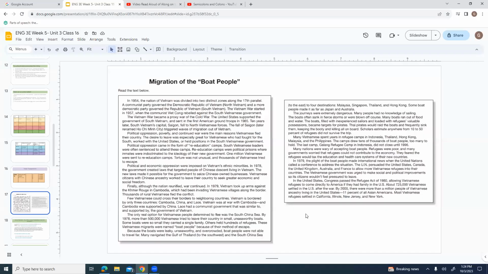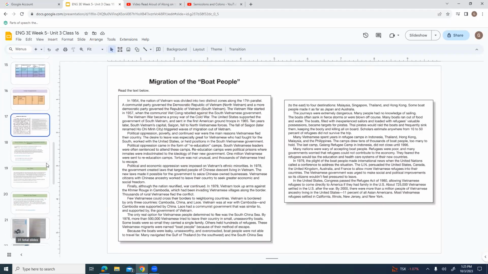By 2000, there was more than 1 million people of Vietnamese ancestry living in the United States, which was about 11% of all Asian Americans. Most Vietnamese refugees settled in California, Illinois, New Jersey, and New York. And I apologize, I didn't have anything quite so specific for Canada. I don't think the number is quite as high.